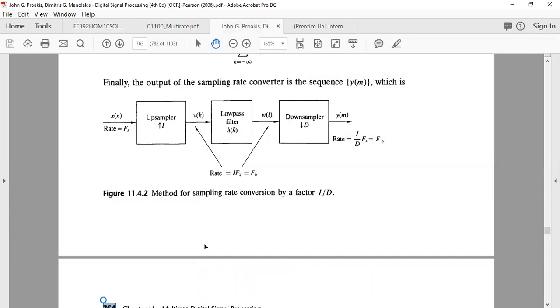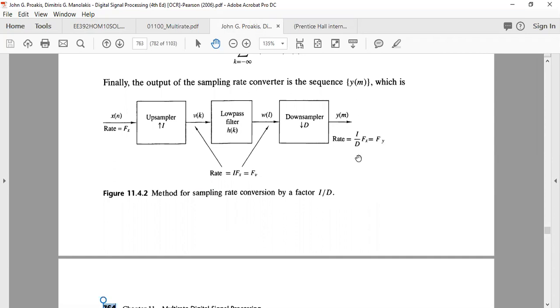So when we pass a sampling rate of f of x through an upsampler, the sample rate is increased by a factor of I, giving us I f of x. When we pass a signal through a downsampler, we are dividing by d. So the overall system, passing through an upsampler and a downsampler, can be represented by I upon d f of x is equal to f of y, right?